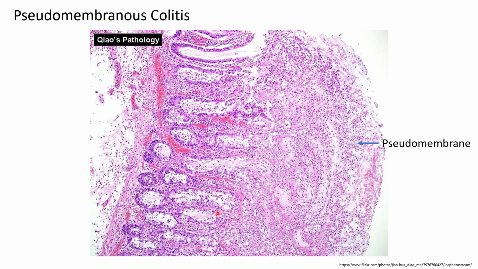This is an example of pseudomembranous colitis, where we have the pseudomembrane that is composed of fibrinopurulent necrotic debris, and the pseudomembrane is adherent to the colonic mucosa. And here we can see the neutrophils emanating from the damaged crypt like a volcanic eruption.